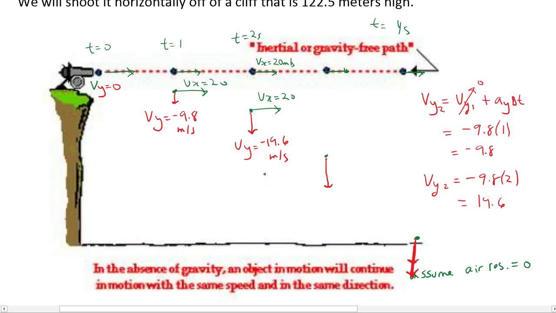So you see how vertically it's increasing its velocity, while horizontally it's staying the same. And here it's Vx equals 20. Here will be Vy equals 29.4, and here Vy is going to be equal to negative 39.2.